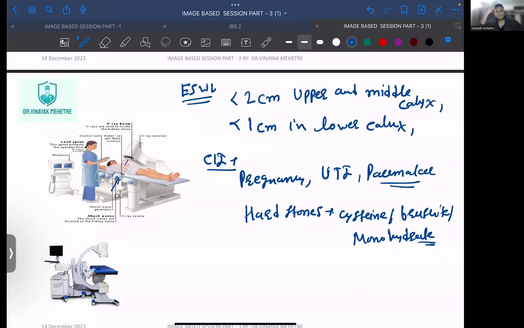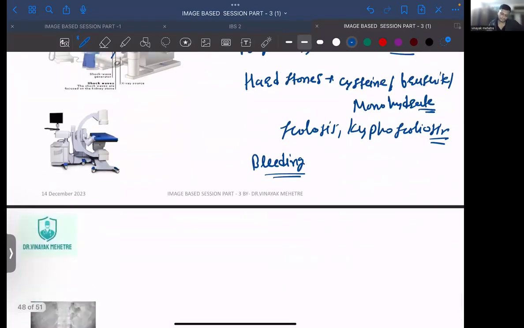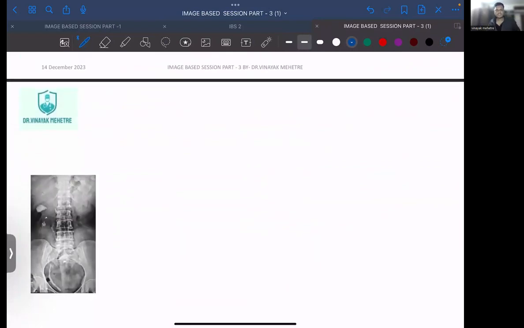For example, spine instead of going straight it was curved, so scoliosis. और इसी को बोलते हैं हम काइफोस्कोलियोसिस. काइफोस्कोलियोसिस, राइट? Last, patient is having bleeding. In this we cannot use ESWL. Okay, ESWL cannot be used. What are the complications of ESWL?